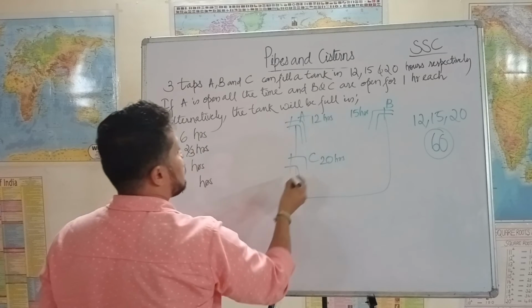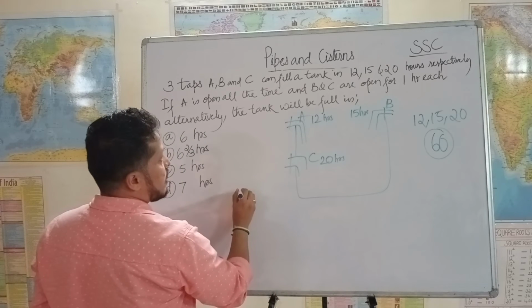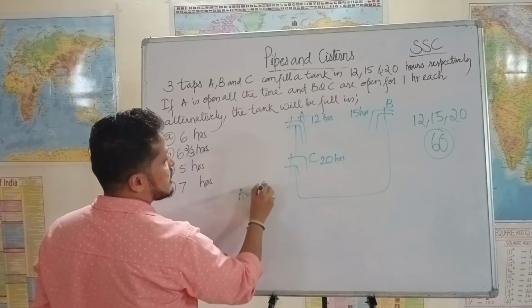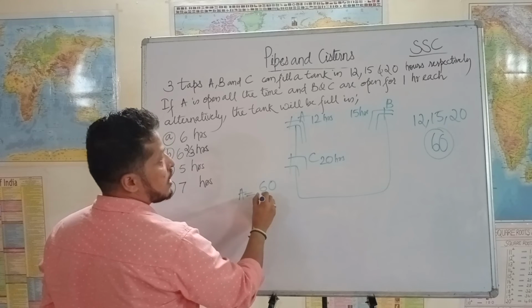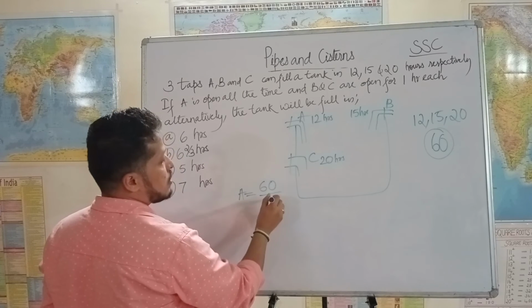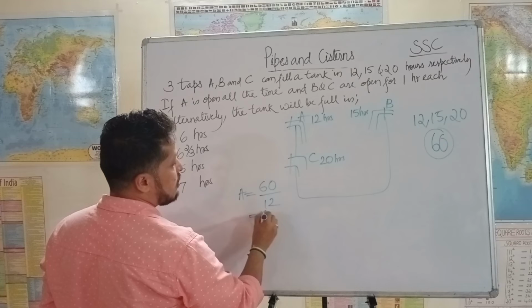Then let's find the efficiency of A. A can fill 60 liters in 12 hours. That means every hour it fills 5 liters.